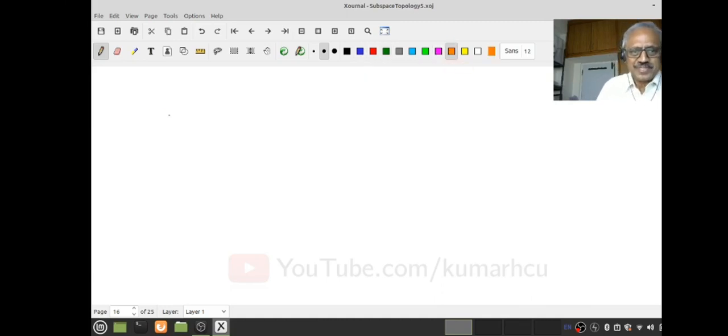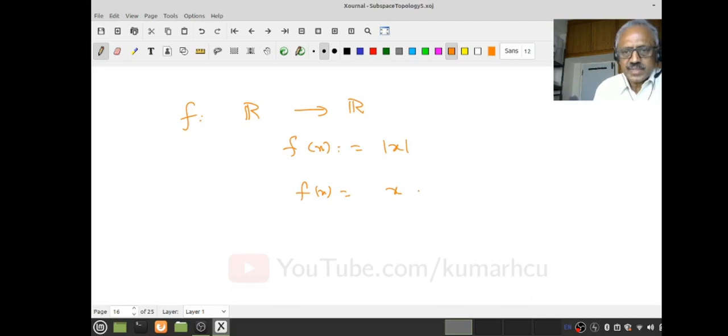For example, let us start with the simplest case. Let f be from R to R. Now let's look at the function f of x equal to mod x. Notice that f of x is x if x is greater than or equal to 0, and equal to minus x if x is less than or equal to 0. You see that?